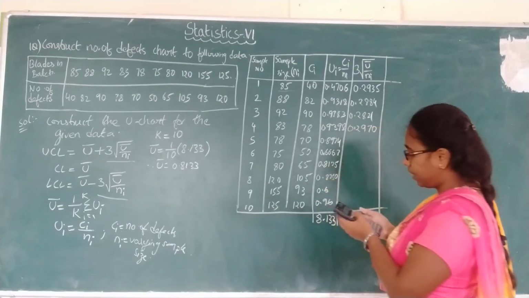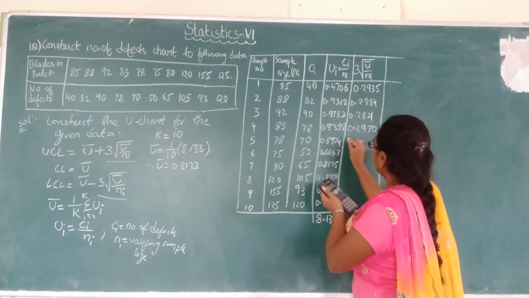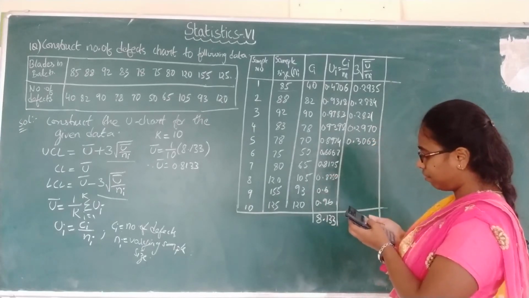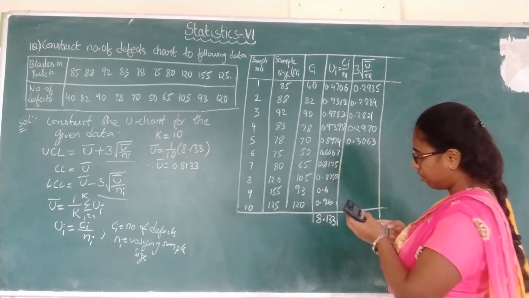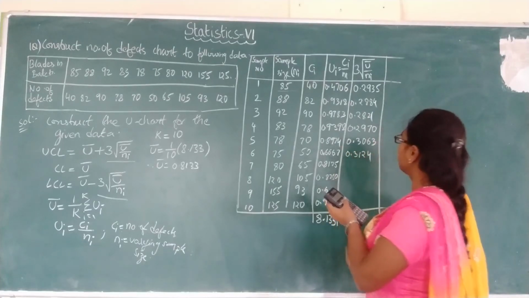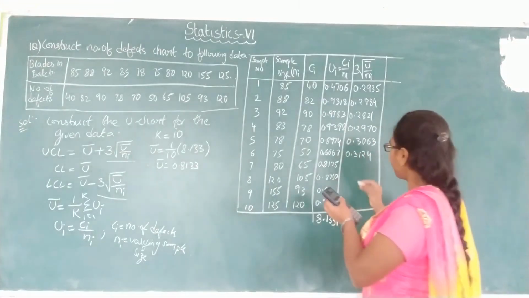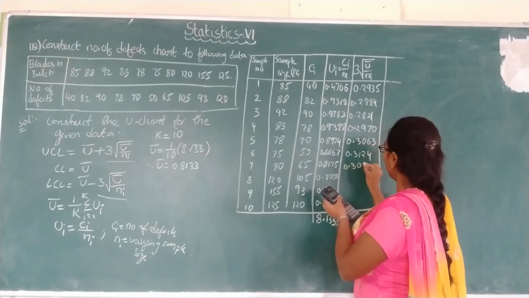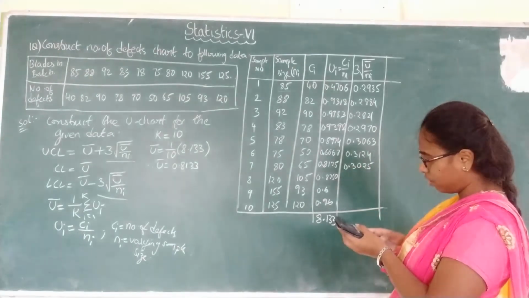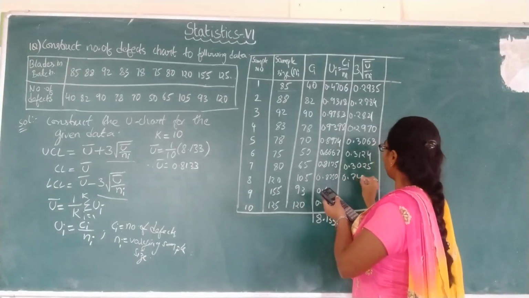0.2970. Next 78, 0.3063. Next 75, 0.3124. Next is 80, 0.3025, and the next one is 120, 0.2470.